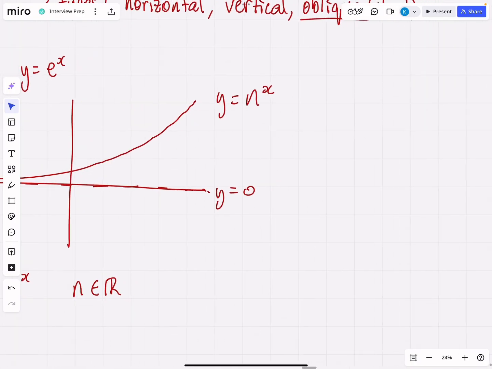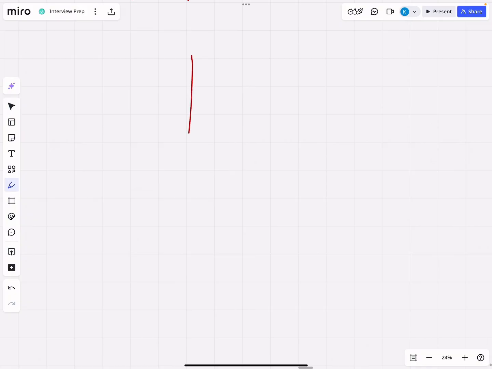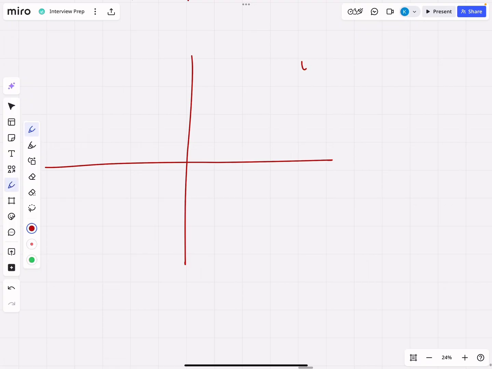And then vertical asymptotes, you're also probably familiar with. Vertical asymptotes, for example, if I drew the graph of y equals 1 over x minus 1, that's going to have a vertical asymptote at x equals 1, right? So here it's going to look something like this.